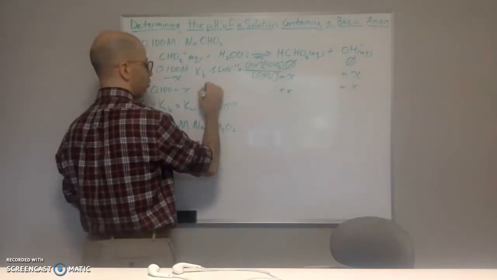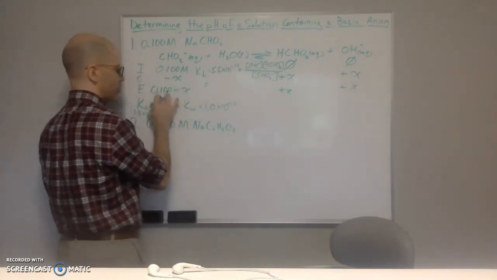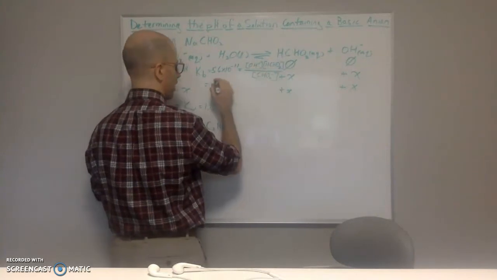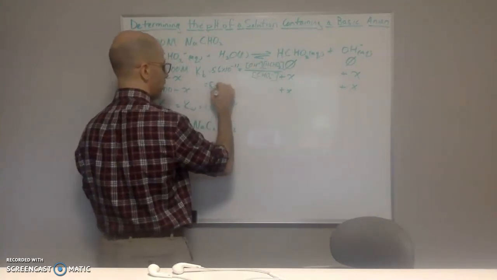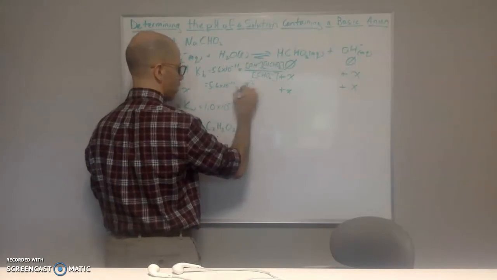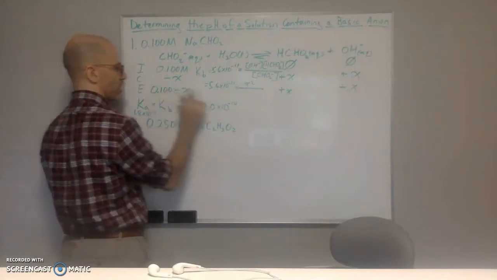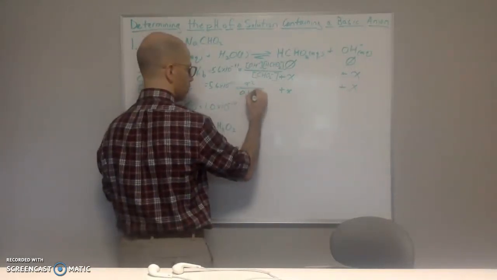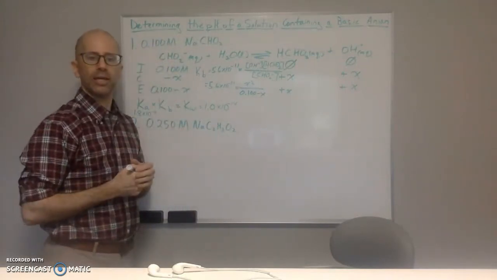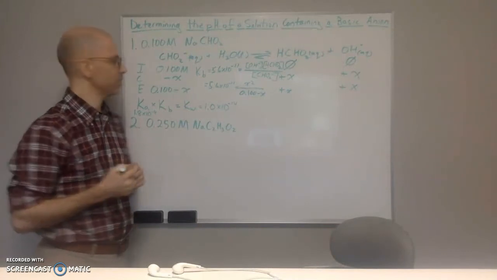And so now we substitute these expressions in. So these two multiplied is going to be x squared. So 5.6 times 10 to the negative 11 is going to be equal to x squared over this expression here, 0.100 minus x. And now we can do our x is small approximation.